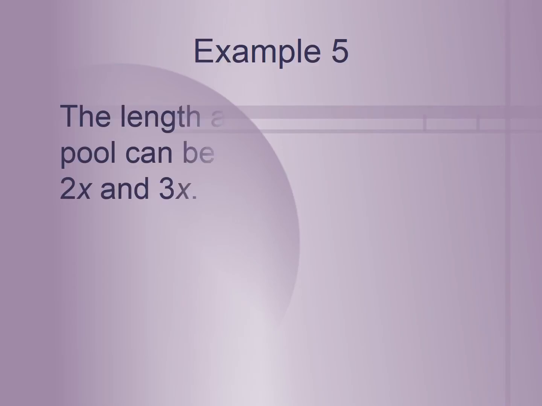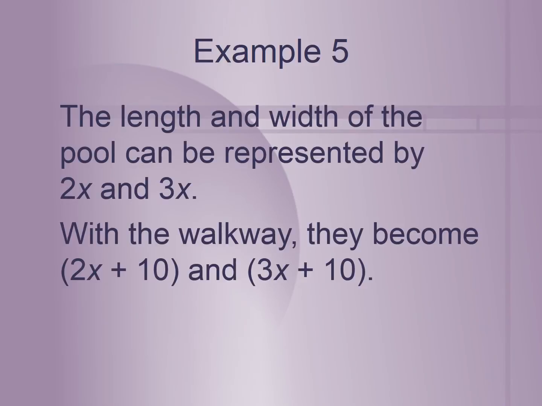So your width is going to be 2x and your length is going to be 3x. However, you do have that 5-foot walkway, and the walkway is on every side. So instead of being 2x plus 5 for your width, you're actually going to be 2x plus 10, because you have 5 on one side of the width and you have another 5 on the other side of the width. So you have 2x plus 5, which is actually 2x plus 10.